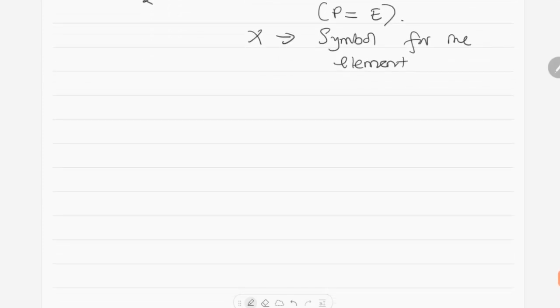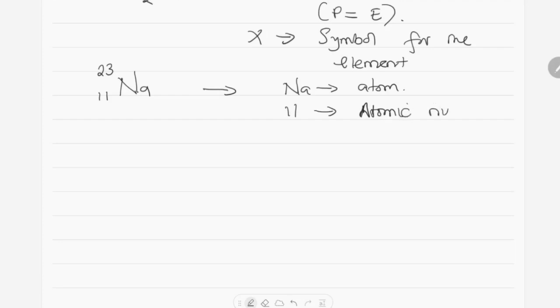So we can have an example, sodium, 11 and 23. In this case, you should not confuse yourself. Know that Na represents the atom of sodium, or sodium atom. Then 11 represents the atomic number, which also is the number of protons.